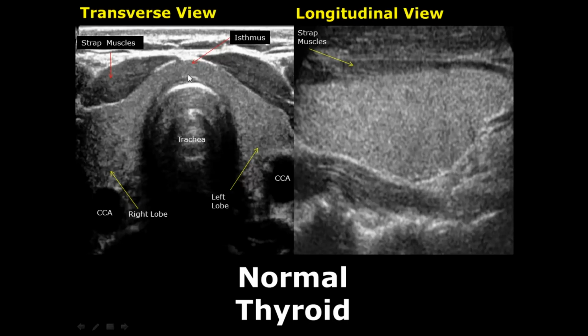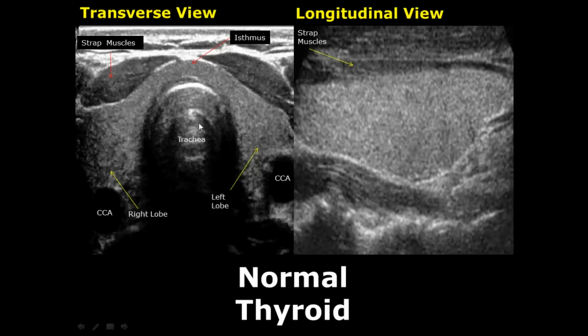The thyroid gland is located in the neck region. It is divided into two lobes, the right lobe and the left lobe, and these two lobes are connected together through the isthmus, and the thyroid has a hyperechoic appearance.